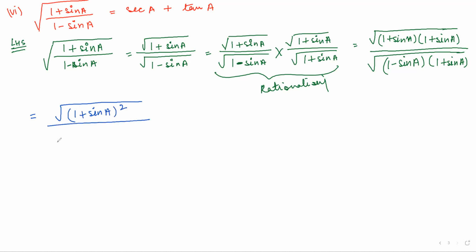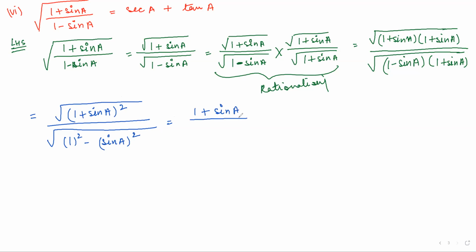Now look at the denominator. This is A plus B into A minus B, so it will become A square minus B square: 1 square minus sine A whole square. Now this square root and square will cancel out. Only 1 plus sine A will remain.